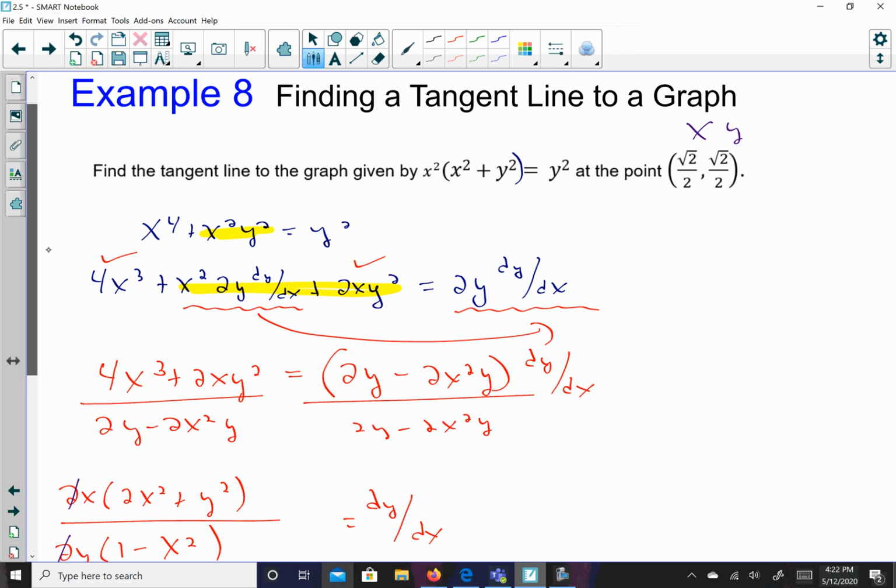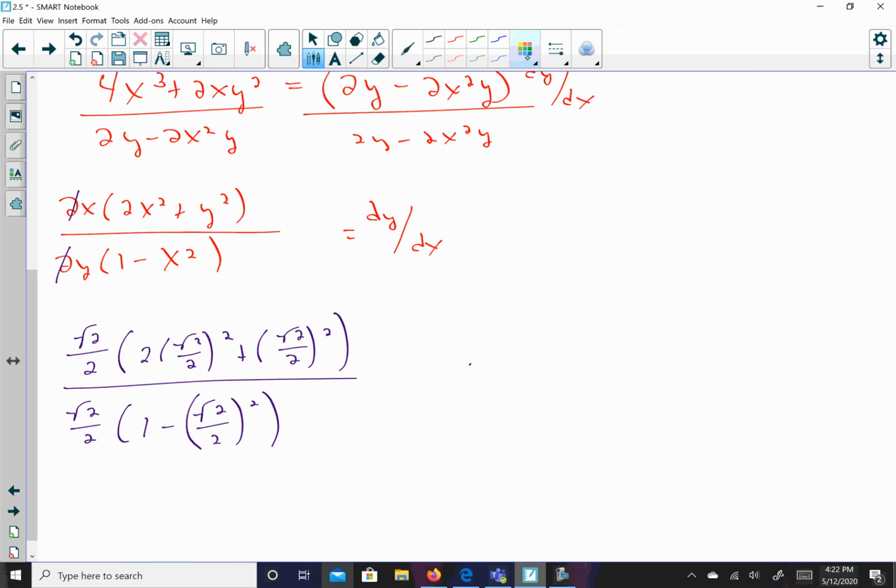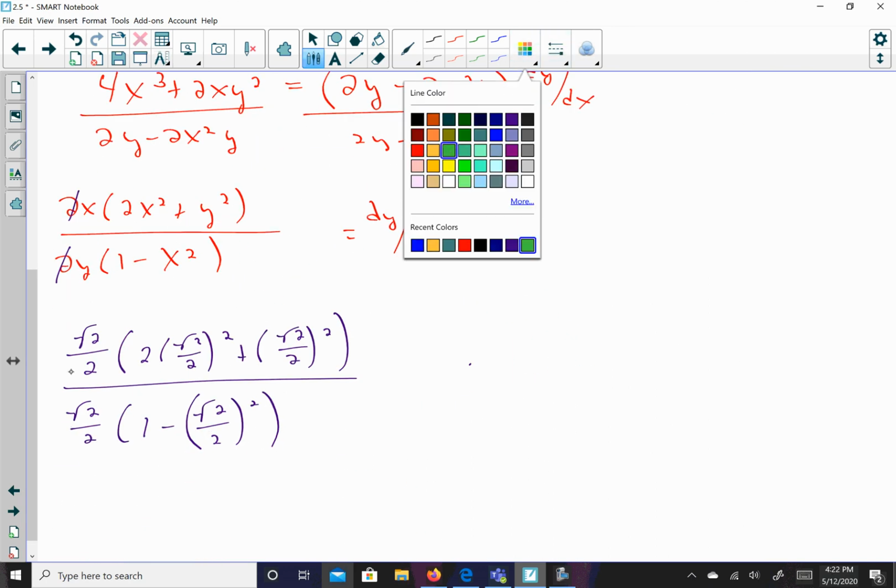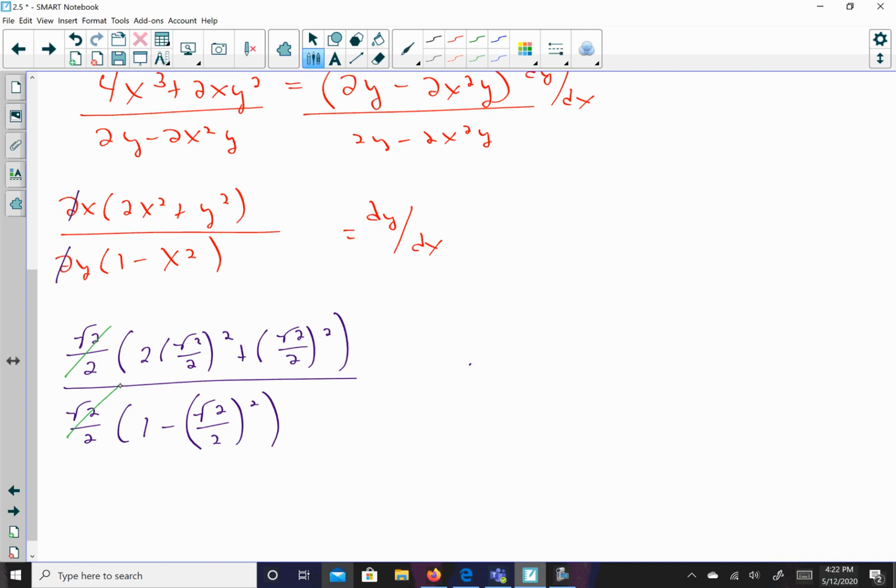These will simplify; they're both factors. The square root of 2 over 2 squared is just 1/2. So 2 times 1/2 makes 1, plus 1/2, over 1 minus 1/2. So this will be 3/2 over 1/2, and I will get a slope of 3.